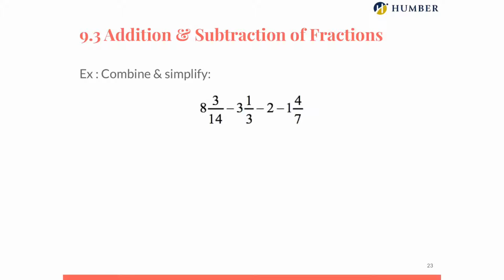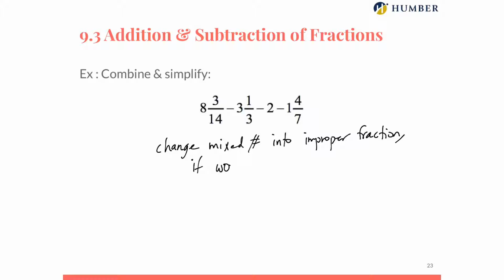But if you're not doing it using the calculator, then I would recommend changing each mixed number into an improper fraction when working with them manually. So I'll just show one step just to make sure everyone can.